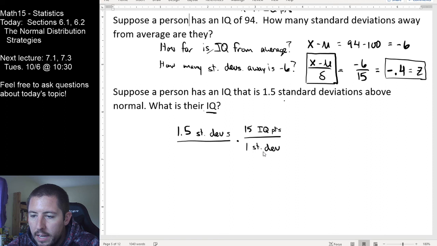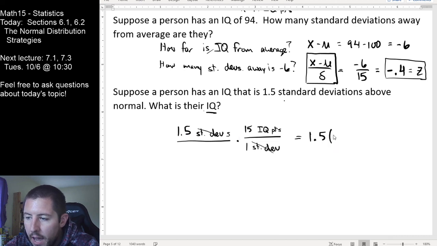And I can see here, I'm going to cancel standard deviations as units. So it looks like this should be 1.5 times 15. And that's going to give me, if I go to my calculator, 22.5 IQ points above average.